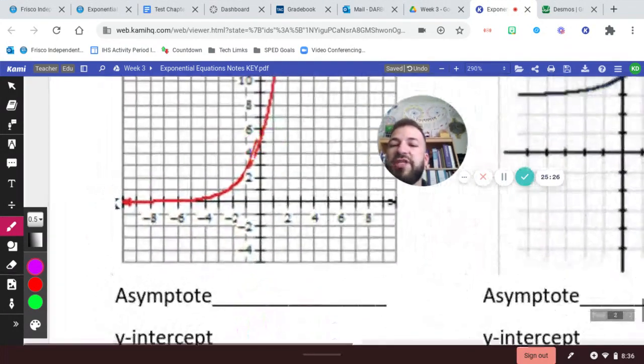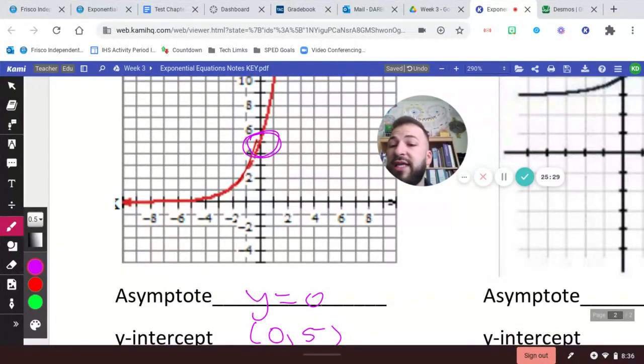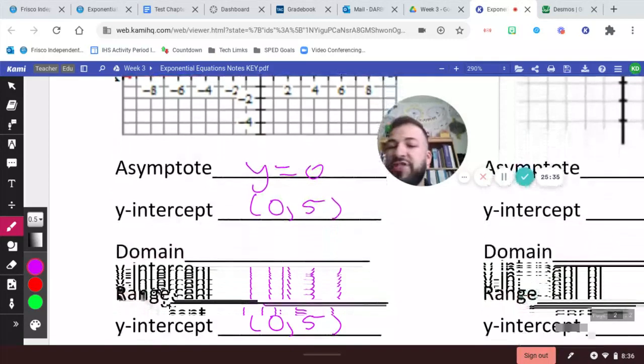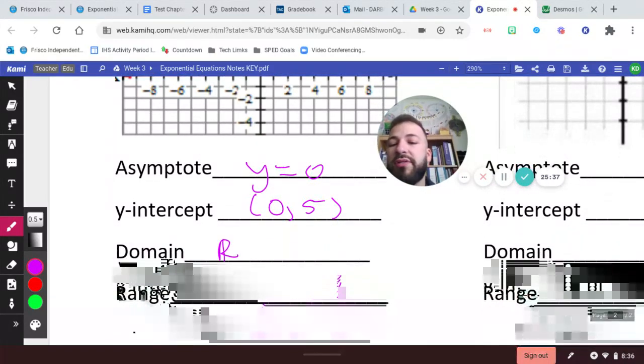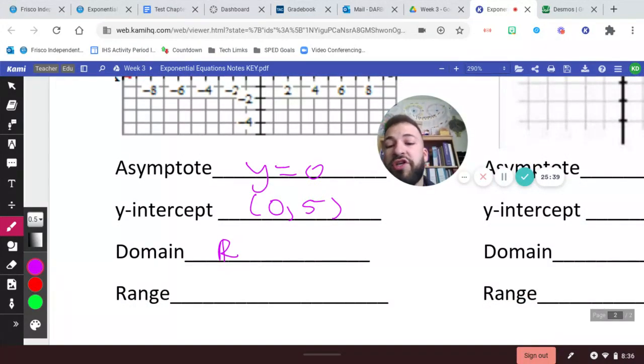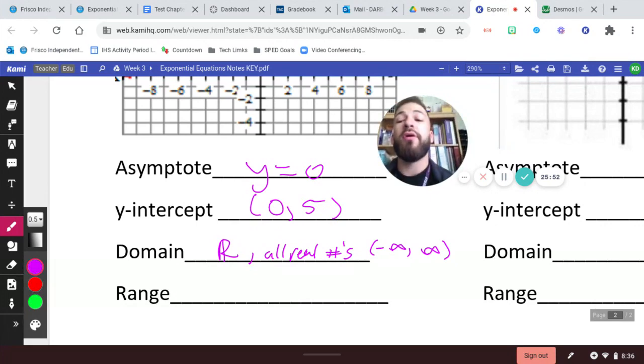Looking at our graph, it looks like it's going to keep going forever in the negative direction. So forever in the positive x, forever in the negative x, that would just be all real numbers, which you can write as the R with a line through it, or as all real numbers. Or you can, of course, write in interval notation, negative infinity to infinity, whichever you prefer.